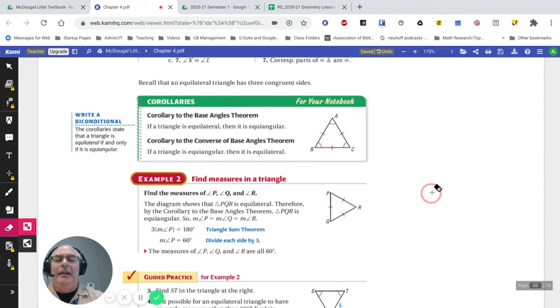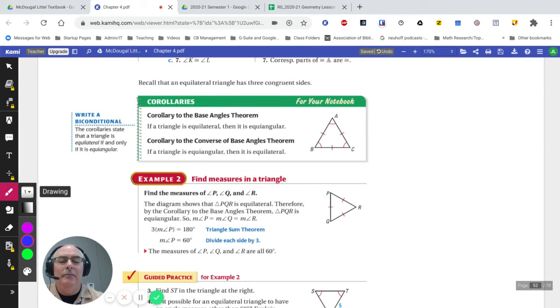When I'm looking at an equilateral triangle, by definition, because it has all three sides with equal measurements, the angles are always going to be equal as well. So an equilateral triangle is always going to be equiangular.